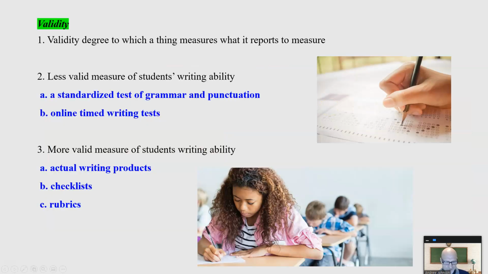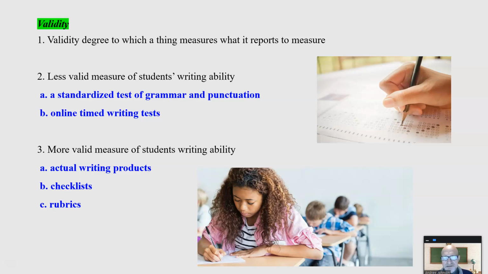Validity is the degree to which a thing measures what it purports to measure. How do we know your data actually assesses and describes what it says it does? For example, if you wanted to understand and report students' ability to write, well, you could use a standardized test of grammar and punctuation, or one of those online timed writing tests. But that does not reflect reality.